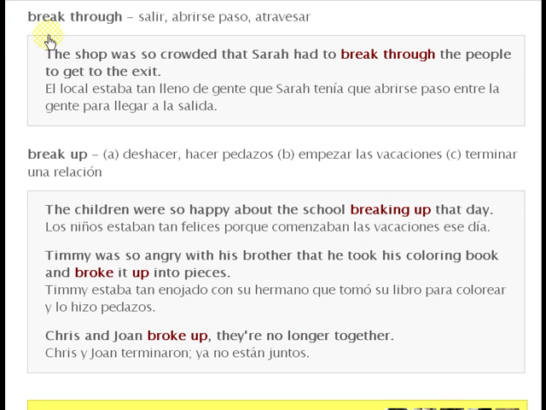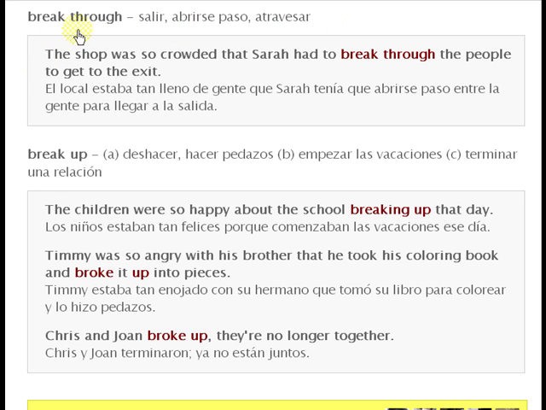Here we continue with break through. Well, through sort of indicates that something's happening. You're passing somewhere, okay, to break through. Here they're using salir, abrirse paso, atravesar, okay?